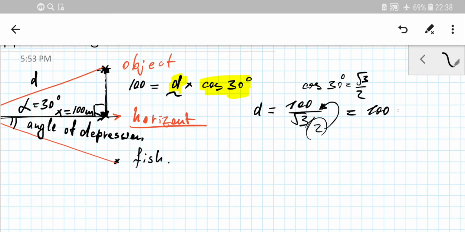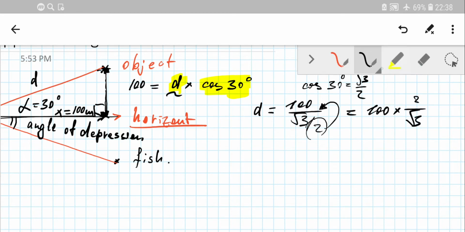One more time, 100 times the reciprocal fraction. That simply means that this 2 goes up. Now we can simplify that, or even calculate if you like. So 100 times 2 is 200, divided by square root of 3, in meters.